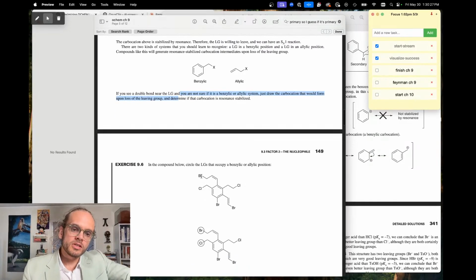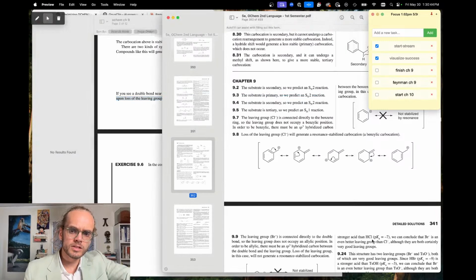So this, I believe, would be allylic, right? Are all these allylic? This is allylic. It has to be one away, though. This is allylic right here. Let's see what they circled.